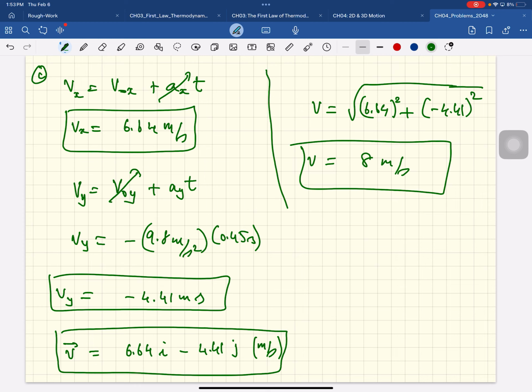So it hits the ground at 8 meters per second. Okay.